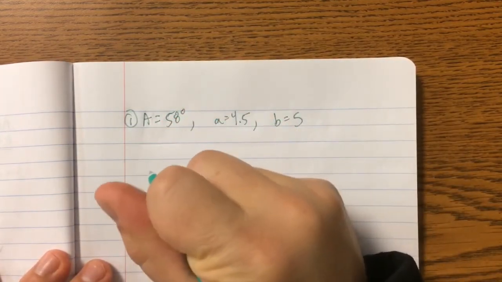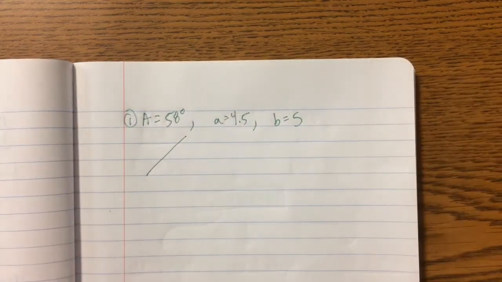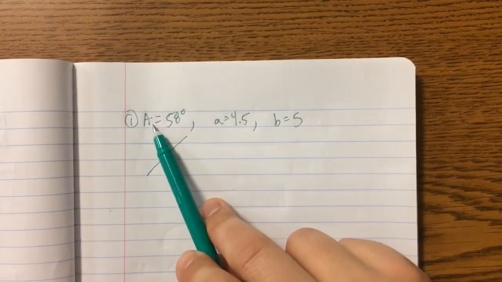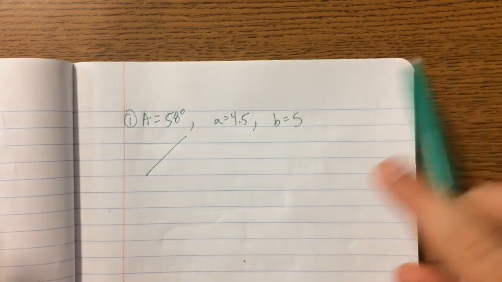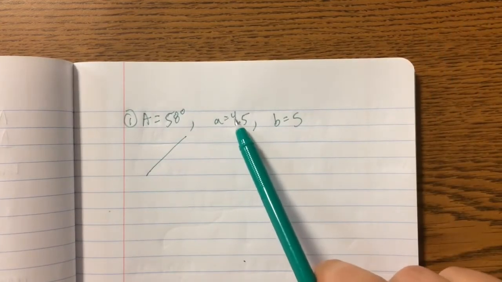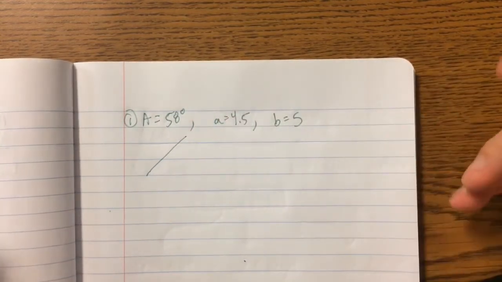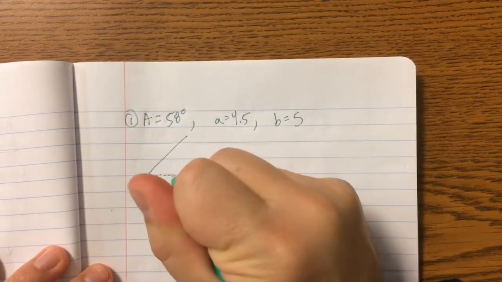First thing we need to identify is what kind of scenario we even have. Is it angle, side, side, side, or what? Well, if I'm given one angle and then two sides where the two sides do not surround the angle, in other words, one of the given sides is opposite of the given angle, then this is going to be your angle, side, side scenario. So here's angle A, and I'm just going to do a little dotted line here.